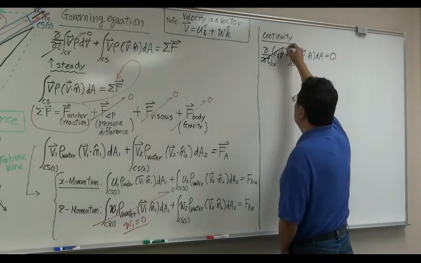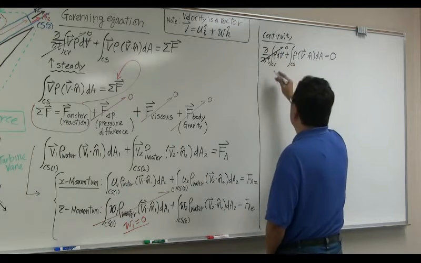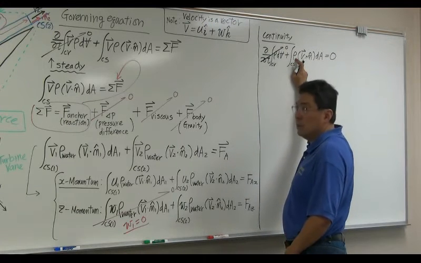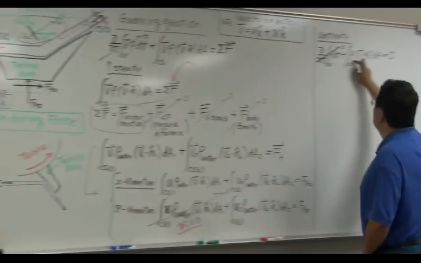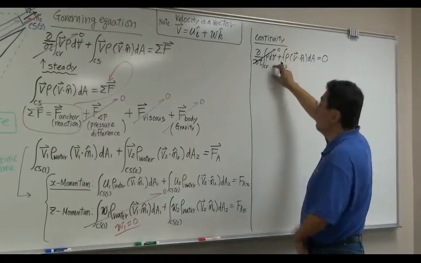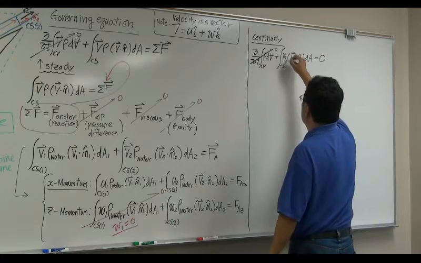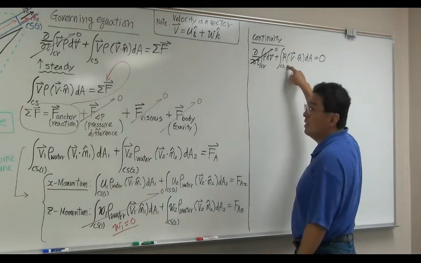This is a steady flow, so this term drops off and this term comes in. Now this rho is the rho of water, it's constant everywhere. So this rho goes outside of the integral, then you can divide both sides by rho. You can do that because this rho is constant.